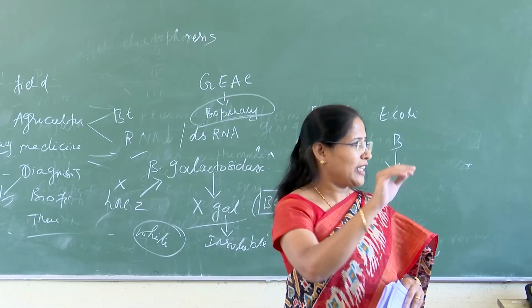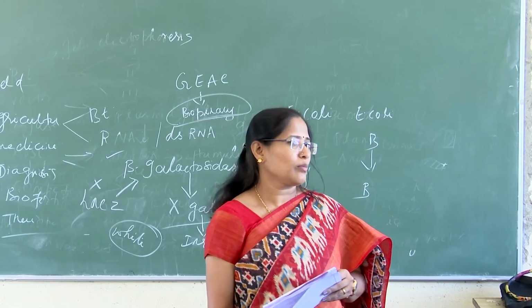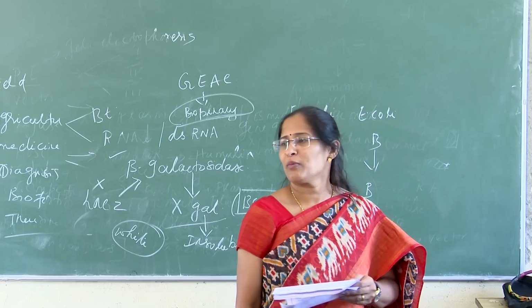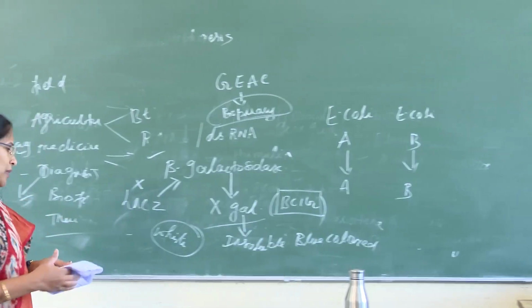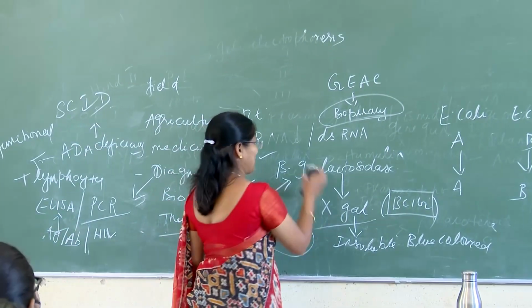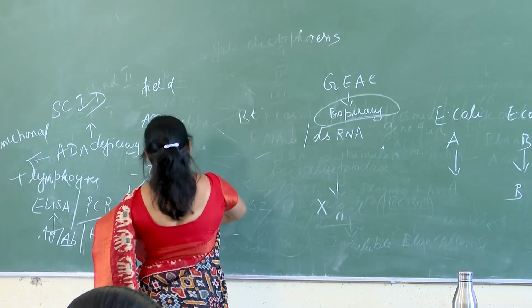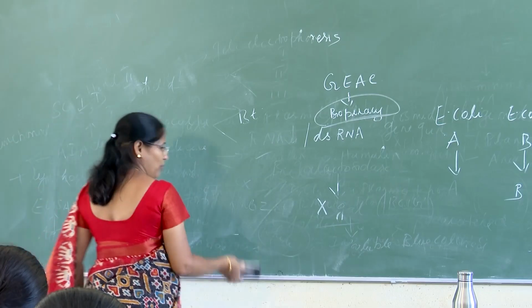You know the vector. Ti plasmid is there. It is inserting. But how is it doing it? You should know it. No idea? First now, Agrobacterium tumefaciens is a bacteria or what is it?